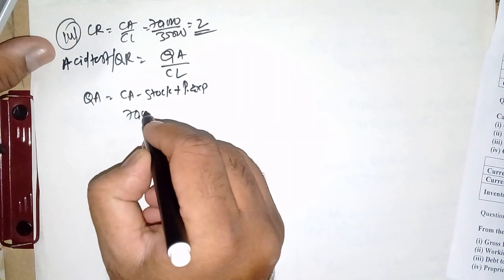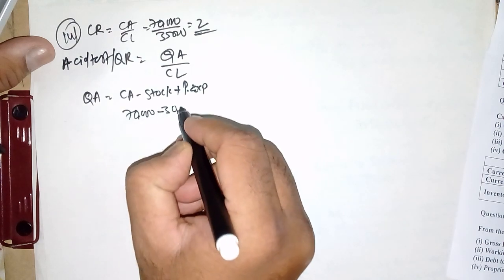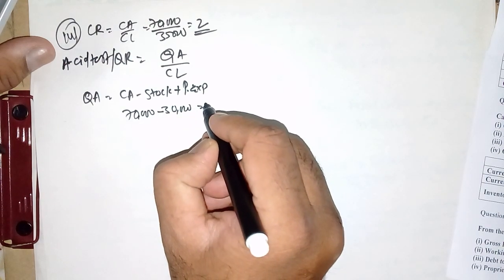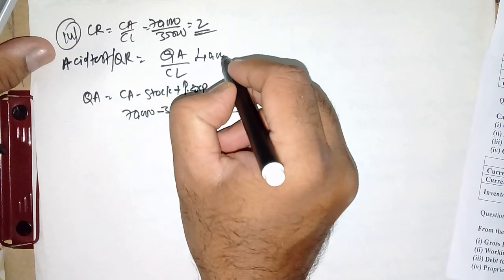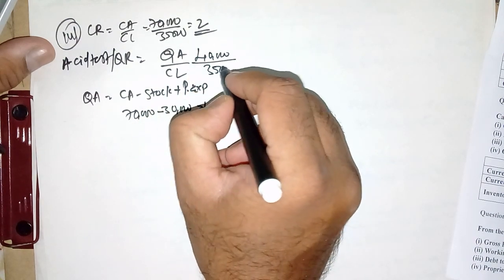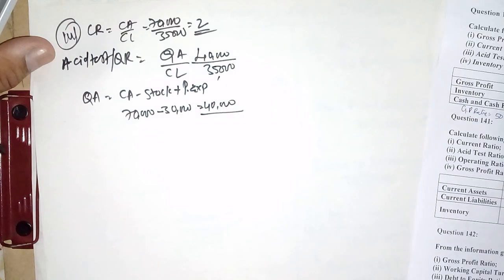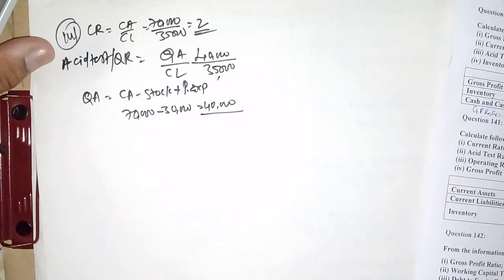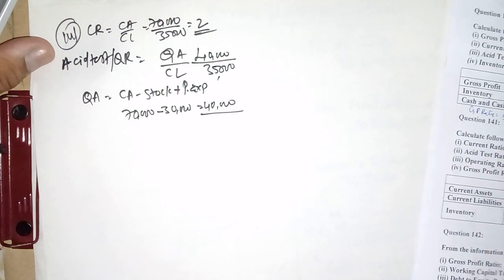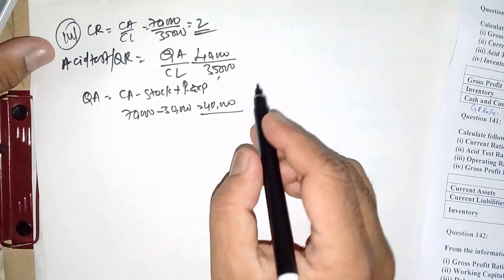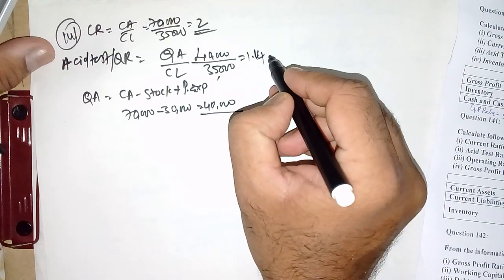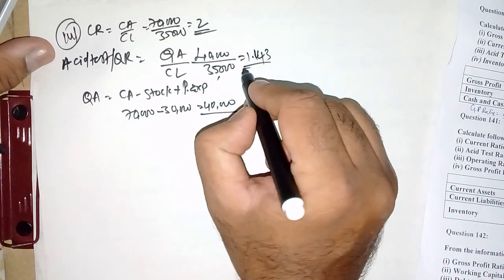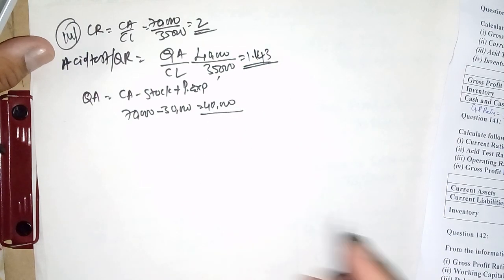So 70,000 minus stock, which is 30,000 in the question, so 40,000 is our quick assets. Therefore 40,000 divided by 35,000 we get 1.143 as the answer.